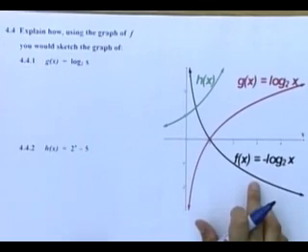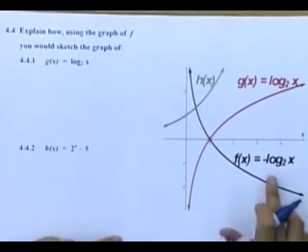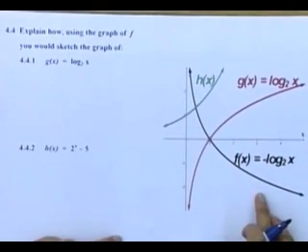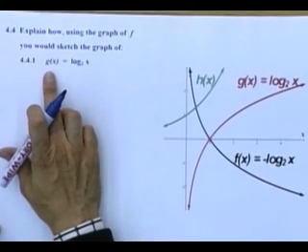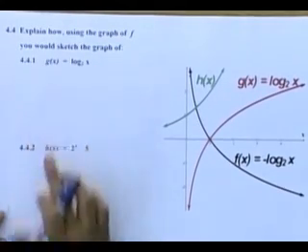Now, let's just look at this. So, the graph that's given here is f(x), right? Where it says f(x) equals a negative log x with base 2. That was given. So, they ask you now, explain how we would sketch the graph of g(x). And g(x) is going to be the log x with base 2.